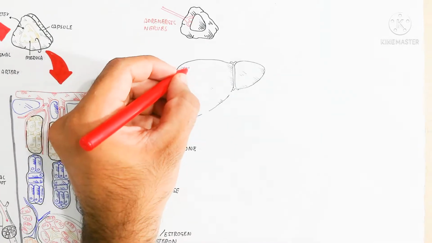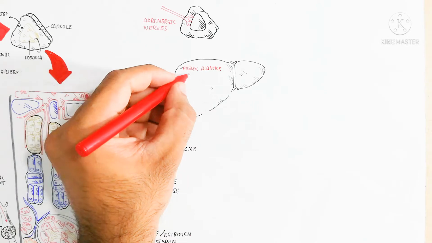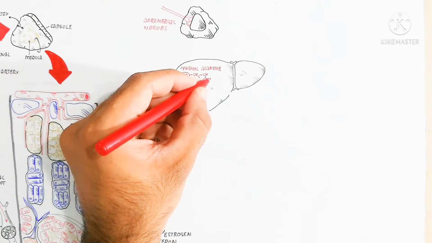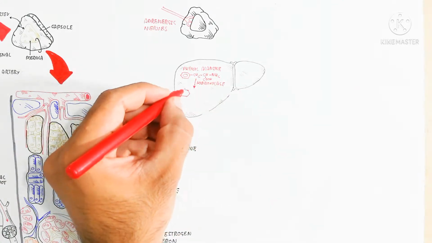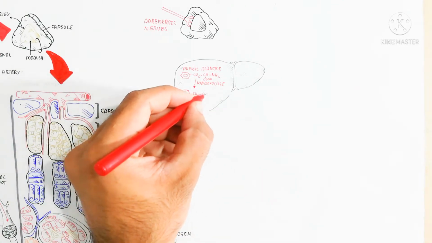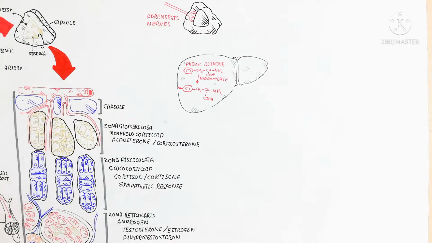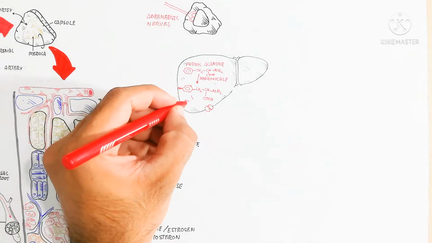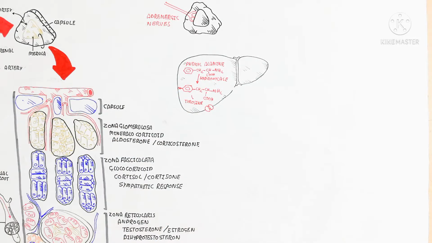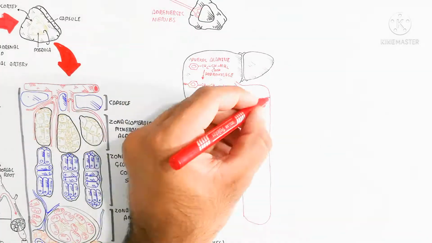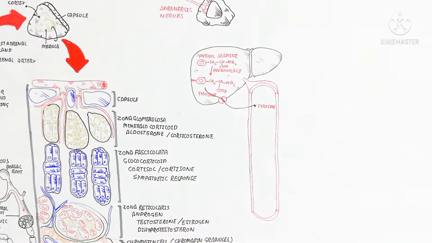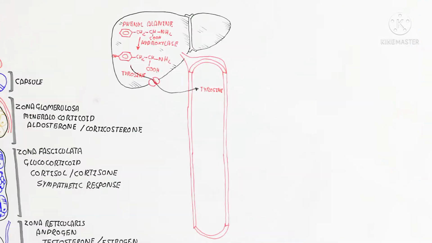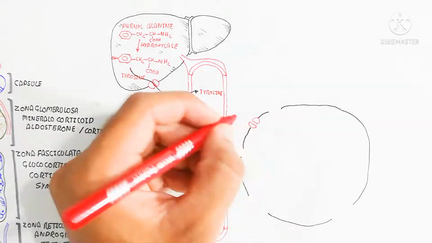Before the stimulation, first of all we will understand the development and metabolism of the adrenal hormone. Here is phenylalanine, which, by the hydroxylase enzyme, gets a hydroxyl group added to become tyrosine, and this tyrosine will enter the blood circulatory system and then the adrenal cells.